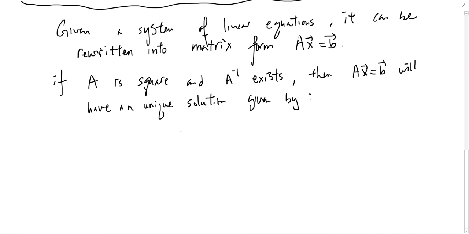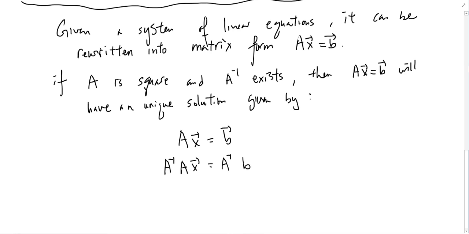Now, why would a square matrix that has an inverse allow us to form a unique solution? Because of the following. Imagine I have this equation. Instead of going through the row operation process, what I'm going to do is multiply this entire equation by A inverse.